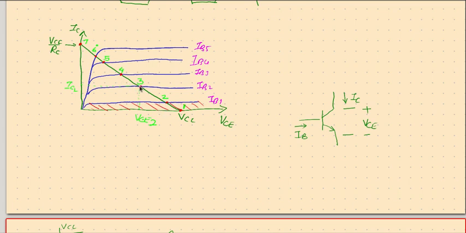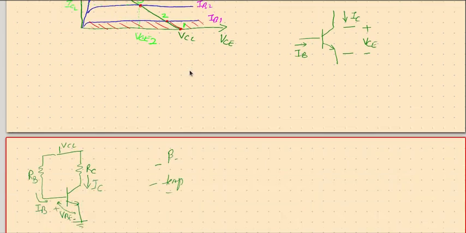That means if you want our operating point to be at 4, then the base current should be set to IB3, and for setting base current equal to IB3, automatically the voltage will be set to VCE set to this value, and IC will be set to this value, just by making sure that IB is set to IB3. Now how can it be done?